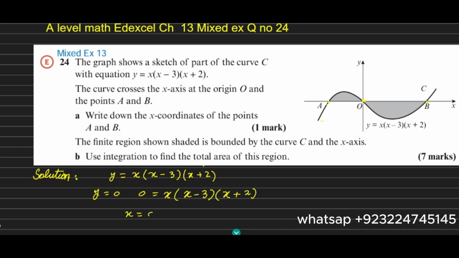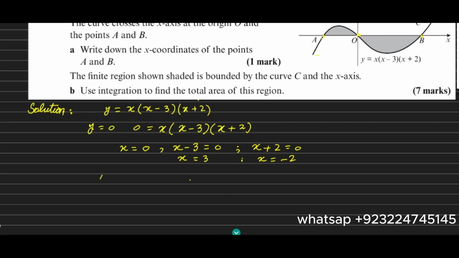Setting x equals 0, x minus 3 equals 0, and x plus 2 equals 0, we get x equals 3 and x equals minus 2. The point A will be on the negative x-axis, so A is (minus 2, 0), and B has x equal to 3 and y equal to 0. These are the coordinates of the points A and B.